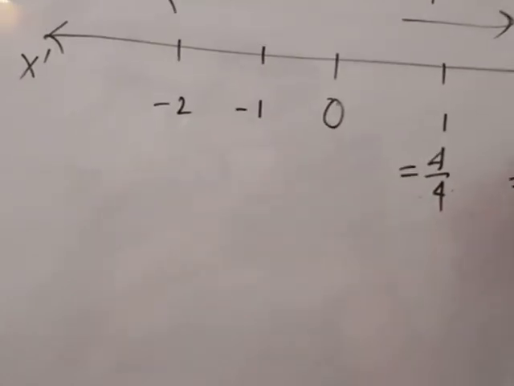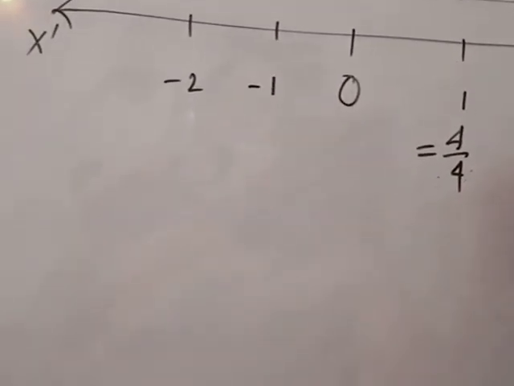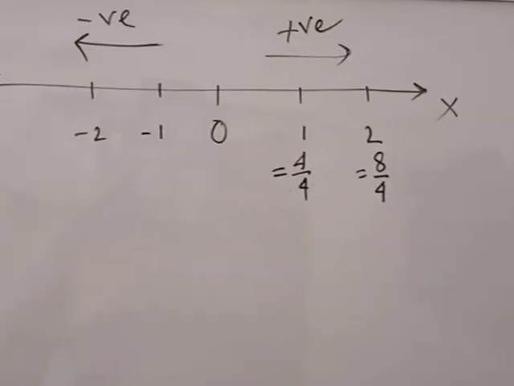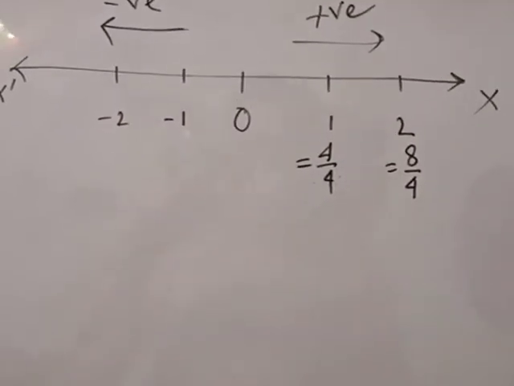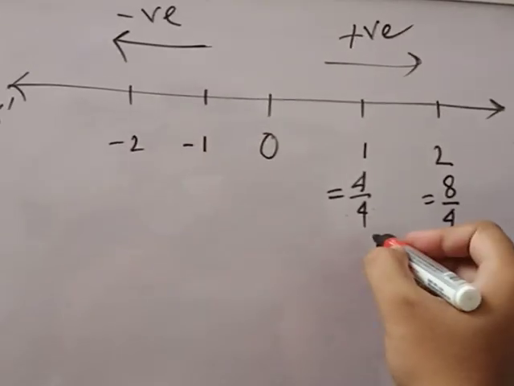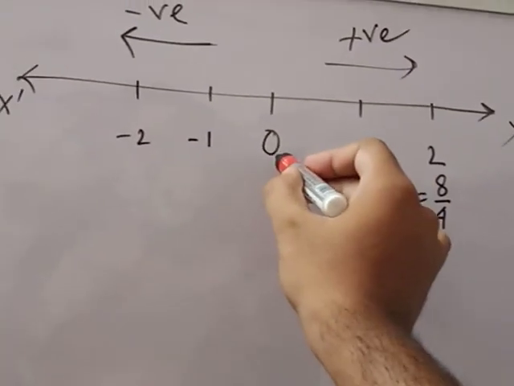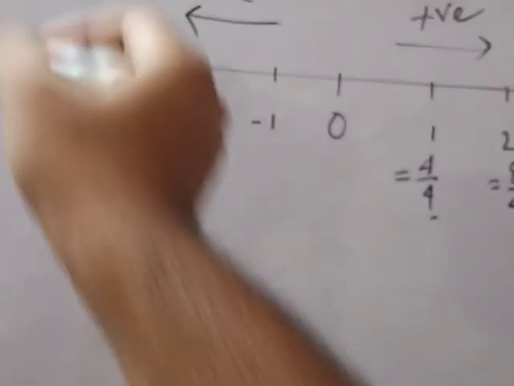Similarly, we can write in the place of 2, that is 8 by 4. So that is 8 by 4, that means 2. So if the denominator is 4, then in 0 to 1, 1 by 4 is there.